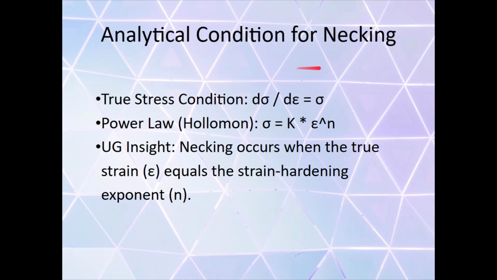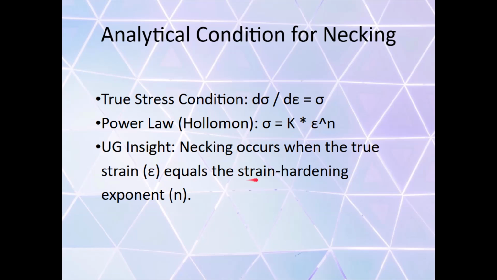Next, moving to the analytical condition for necking. We use true stress and true strain, and the power law, also called Hollomon, which relates true stress and true strain with the strain hardening exponent.